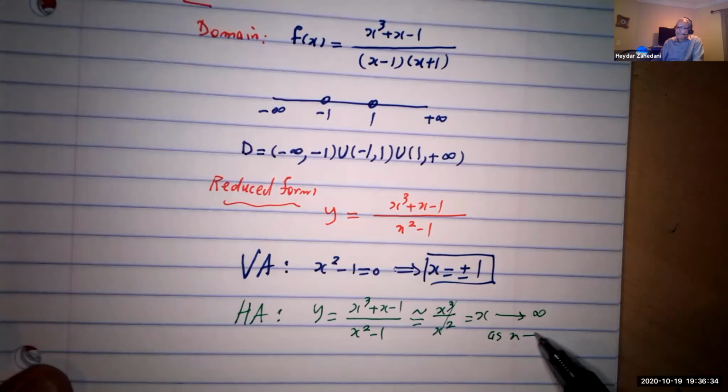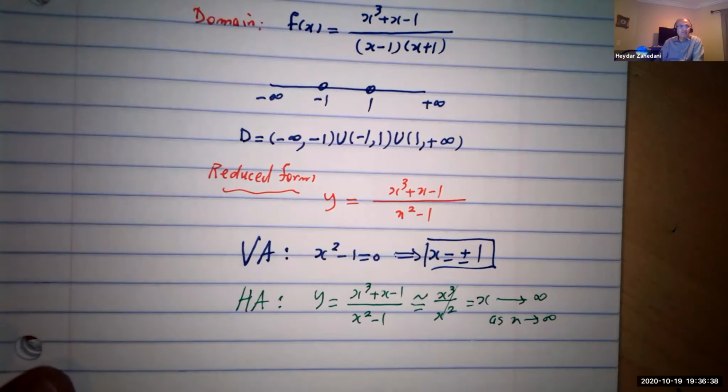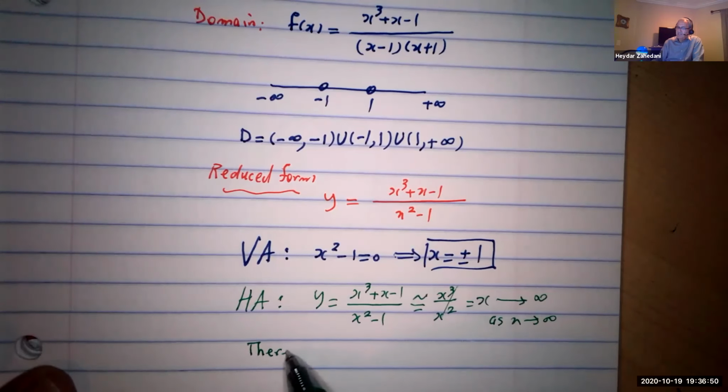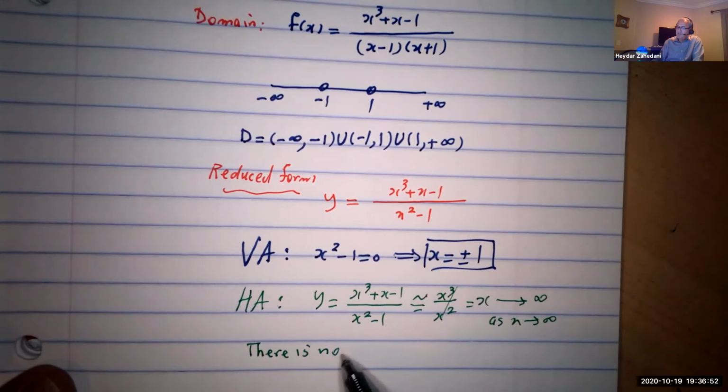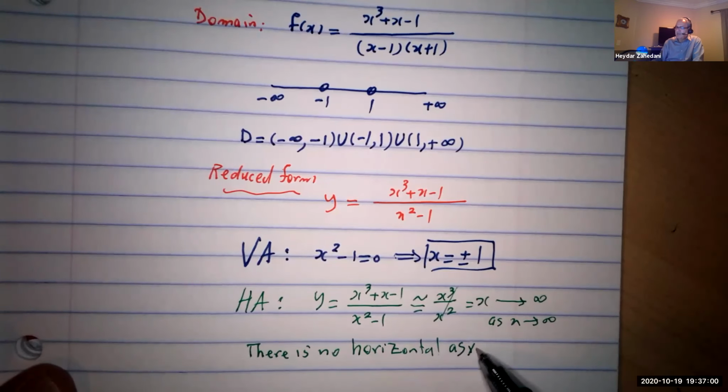So this means there is no horizontal asymptote. In such cases we call it a slant or oblique asymptote, but we are not going to talk about it now. So if the degree of the top is higher, there is no horizontal asymptote. Or you can say none, we accept it.